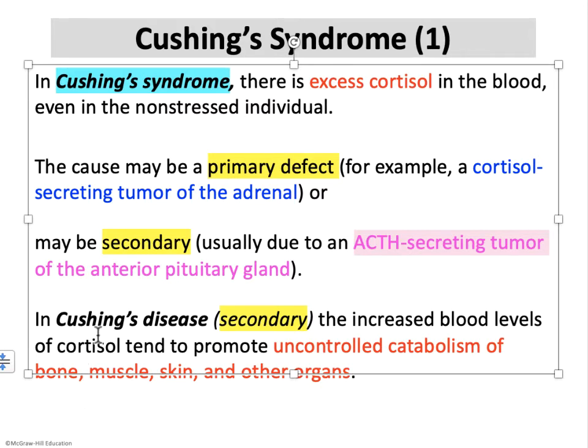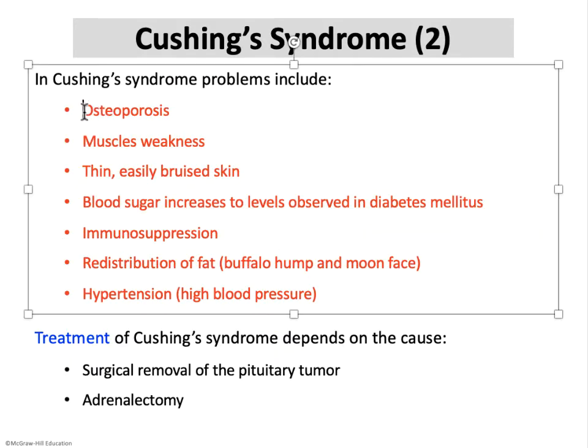In Cushing's patients, there's an uncontrolled catabolism. Catabolism means breakdown of the bone, skin, and other organs of the patient. Indeed, the different labels that you see here would be applied to the syndrome. And because it's a syndrome, not every patient would have every single one of these, but a combination.